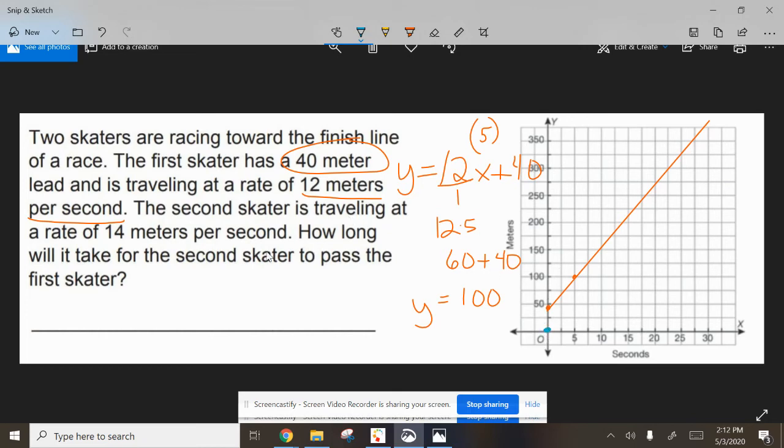And again, this is interesting because we're going to be like, okay, 14 meters per second, your equation will look like this: y equals 14x, right? But what if I now plug in my 5 again here? And what's 14 times 5? 70, okay? So that is interesting.